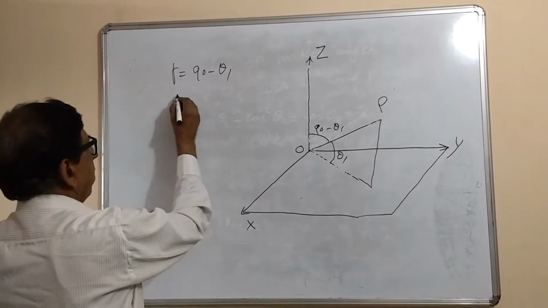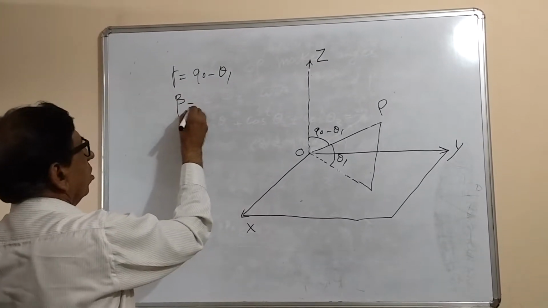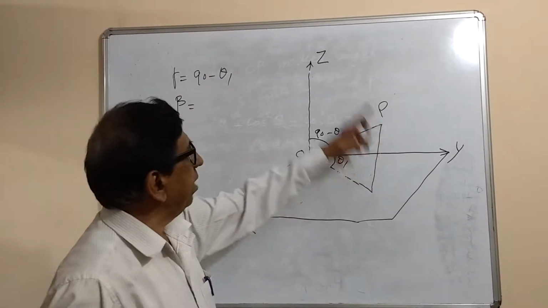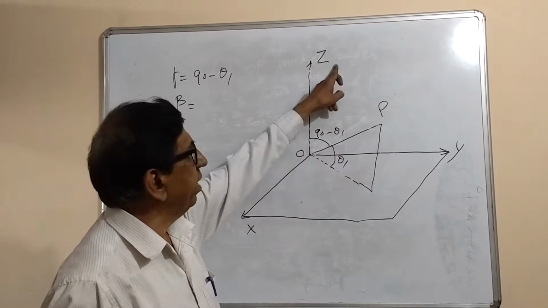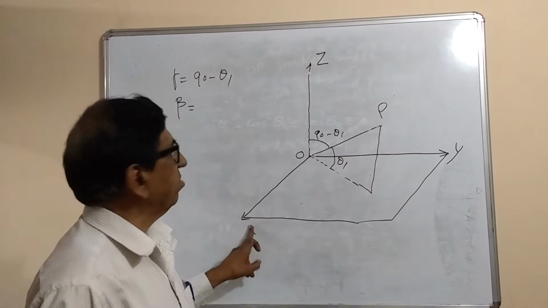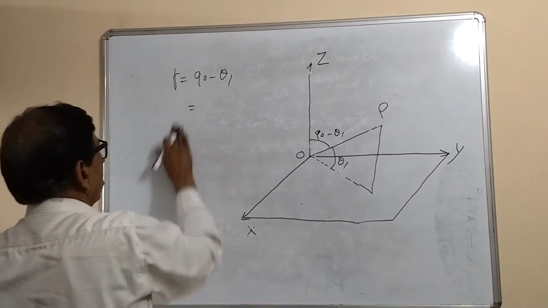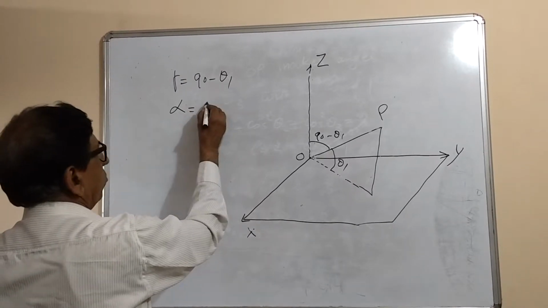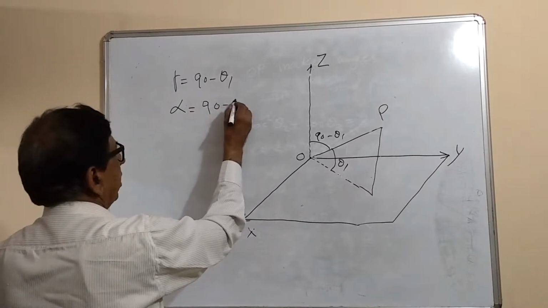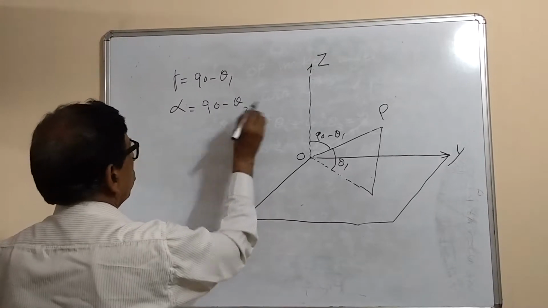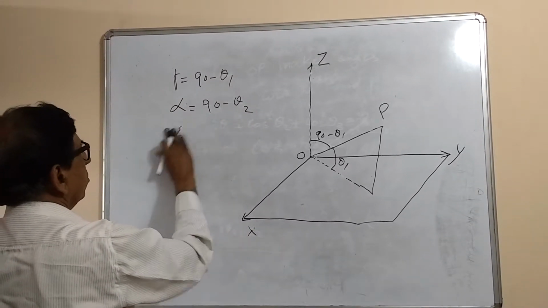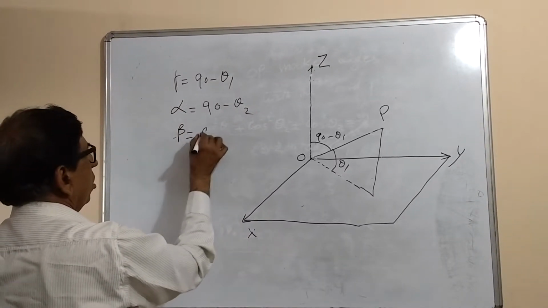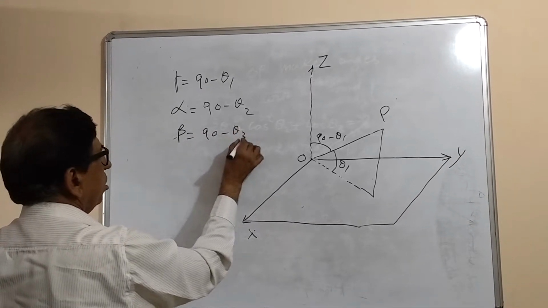Similarly, with the yz plane, angle with x axis, that is alpha, equals to 90 minus theta 2, and beta equals to 90 minus theta 3.